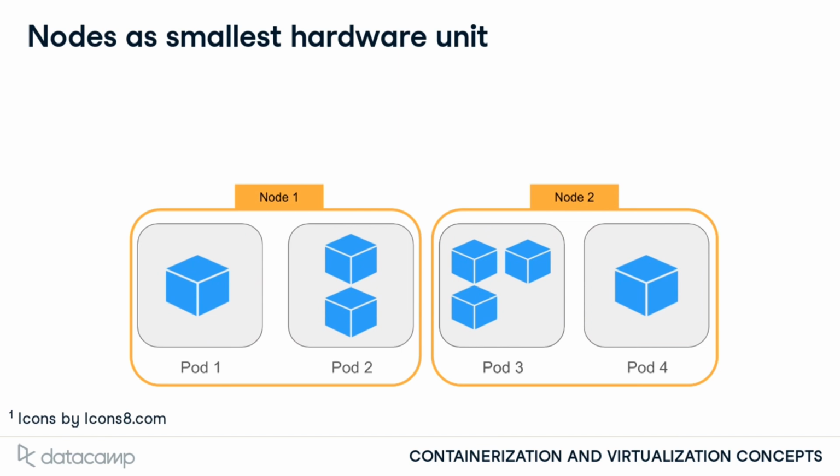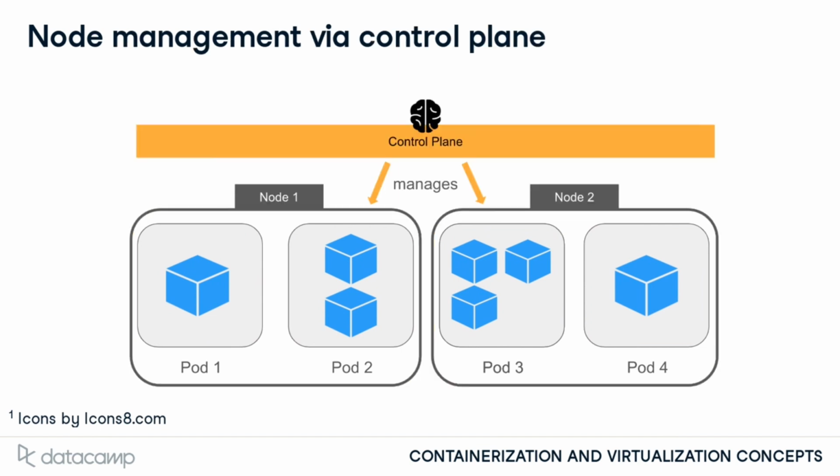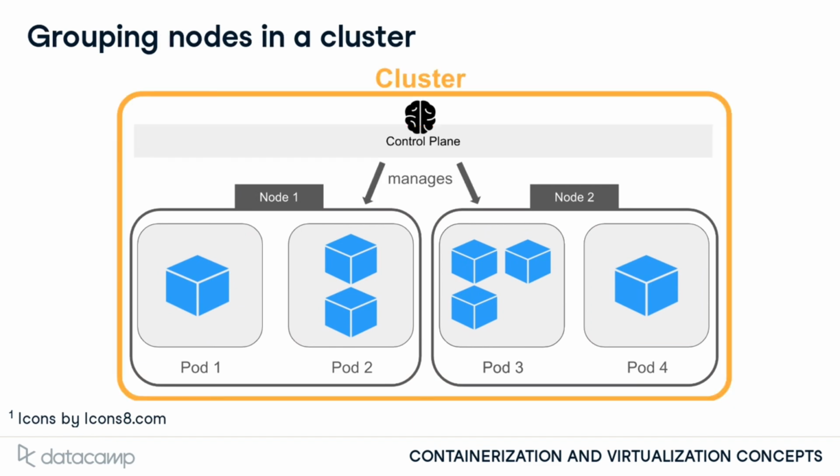This is where the control plane comes in. The control plane manages nodes and pods and ensures efficient resource allocation by smartly assigning pods to available nodes. The control plane is also known as the brain of the cluster. A Kubernetes cluster includes all previously mentioned components and is a group of up to multiple thousands of nodes.